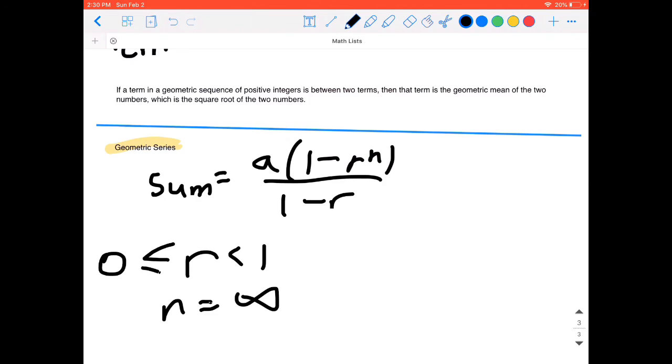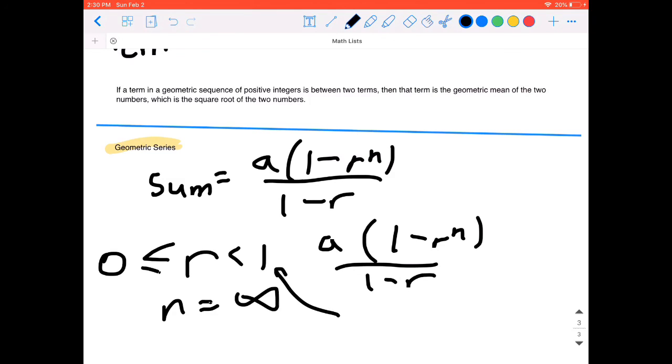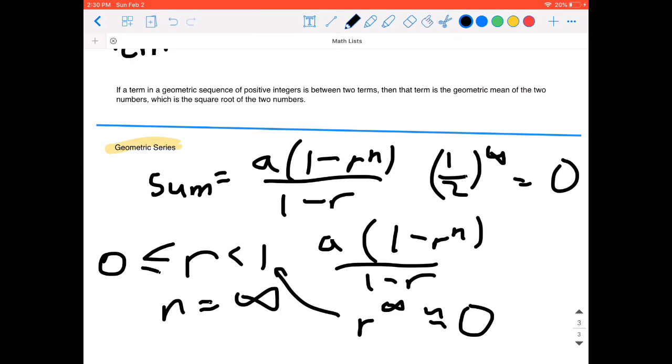Well then, your formula simply becomes a times (1 minus r to the n) over 1 minus r. But because r is a fraction, r to the infinity is basically 0. Because let's say we raise 1/2 to the infinityth power, it becomes so close to 0 that it's essentially 0.